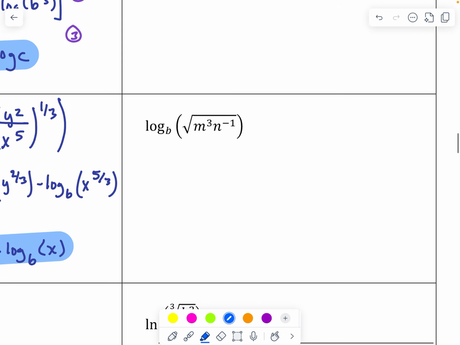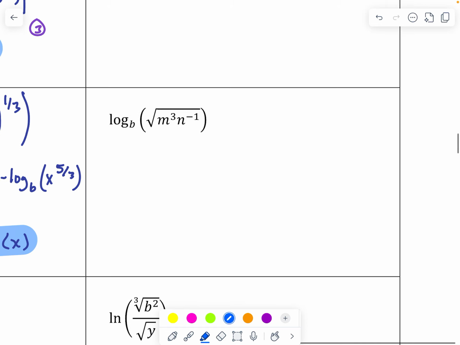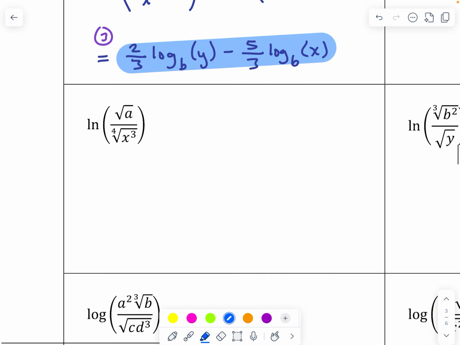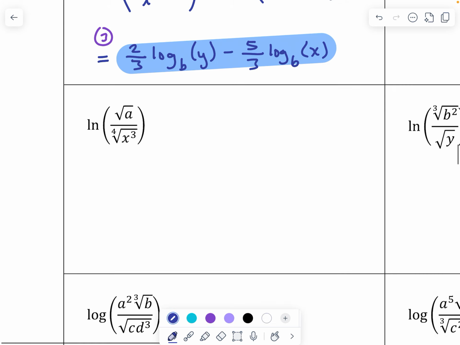Try this one. Oh, this is going to be exactly like what we just did. I want to rewrite all my roots as exponents. The square root of a is the same as a to the 1/2.